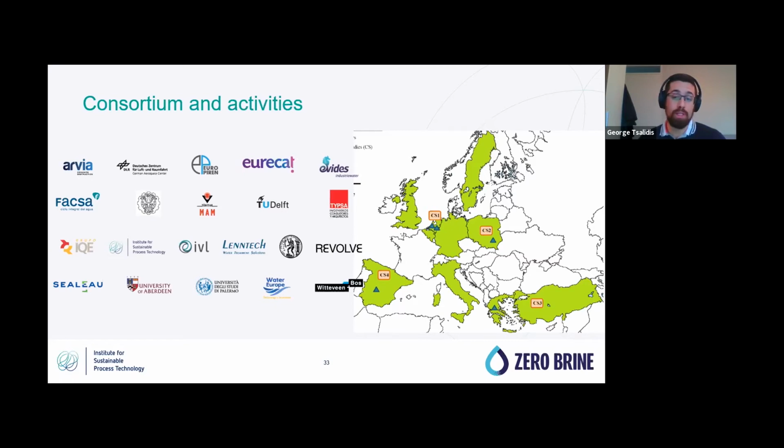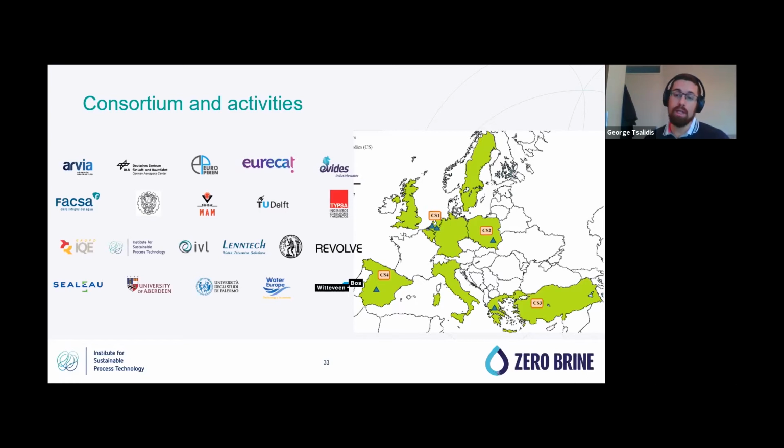The important aspect of the Zero Brine project is that for each case study, for each process industry, demonstration units are going to be built, and they are going to process real brine produced by those industries.